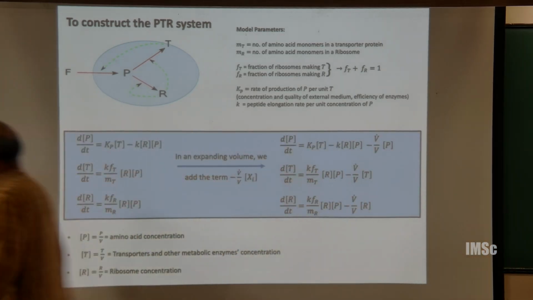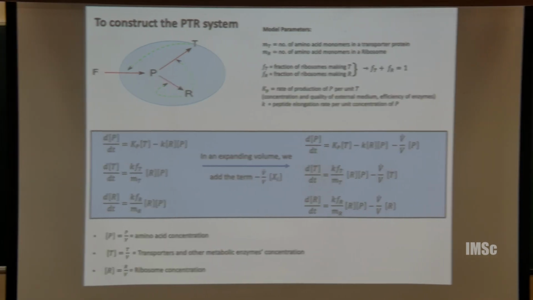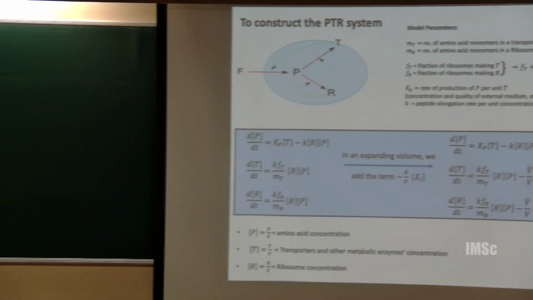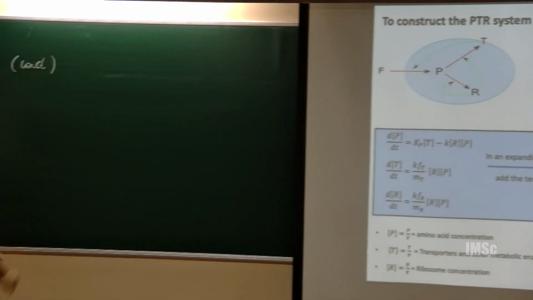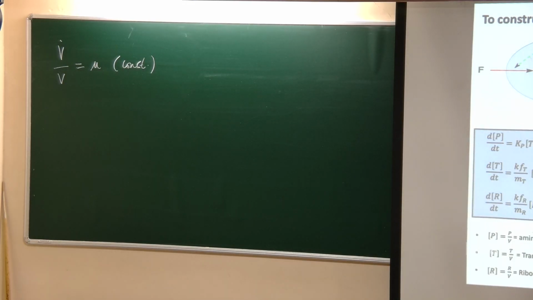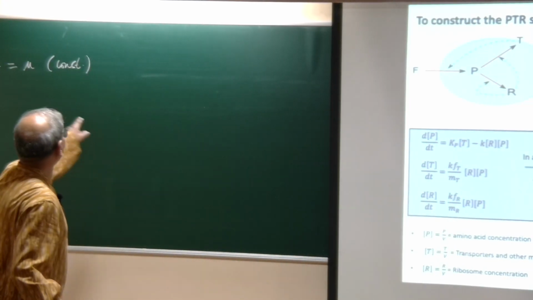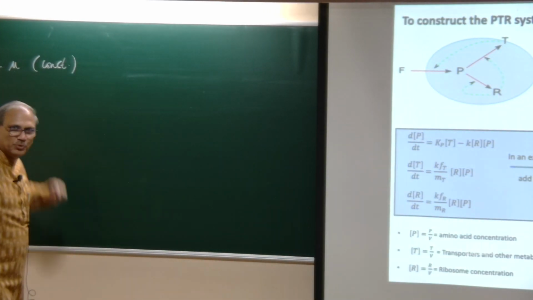It is usually assumed that V dot by V is mu, an externally specified constant. When you do that, you get another parameter in these equations, which is this externally specified constant mu.